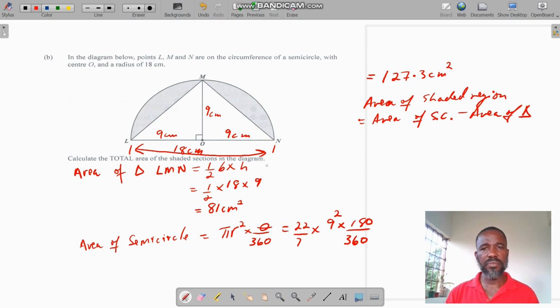If we do that, it's going to be 127.3 minus 81, and that is going to be equal to 46.3 square centimeters. And that's how we would have gone about solving these kinds of questions.